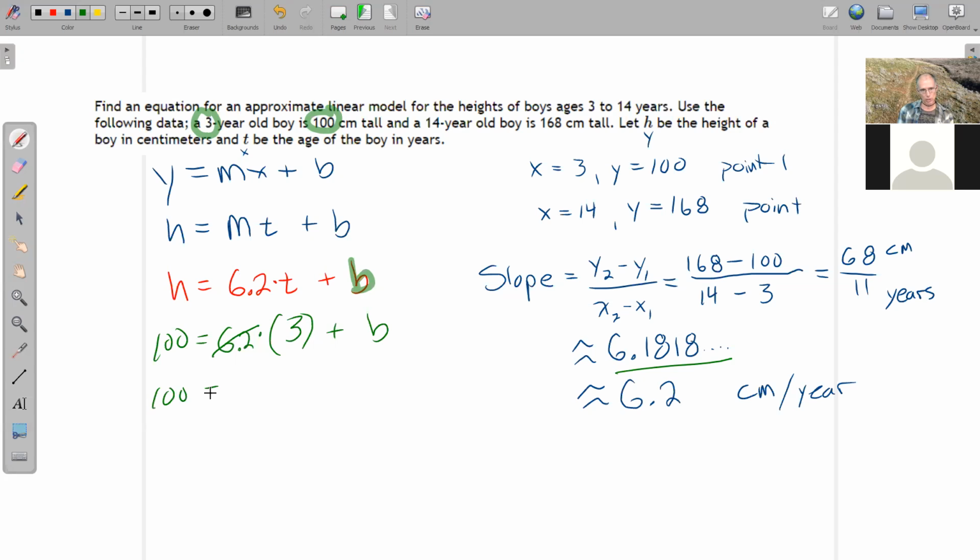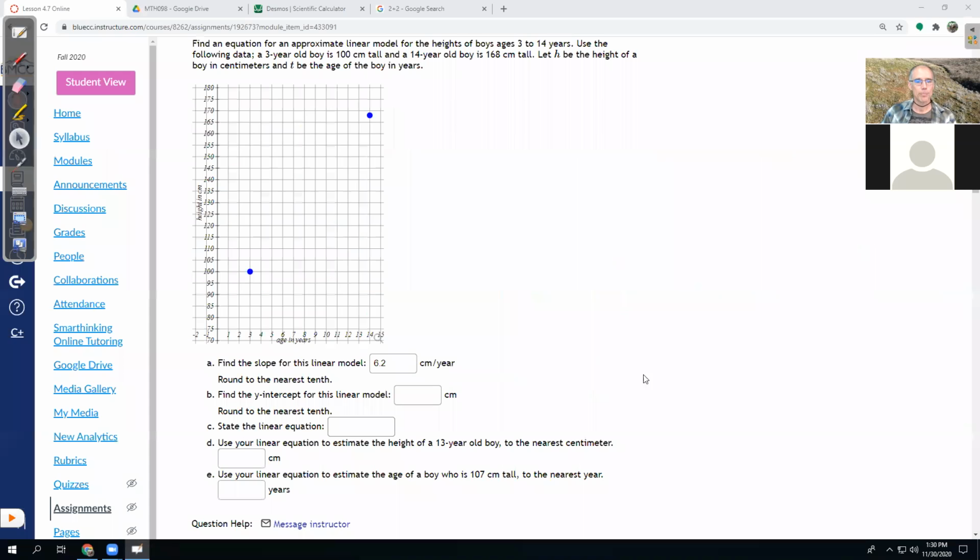I'm going to call it 100, 6 point, and I'm just going to throw a whole bunch of those 1/8s in there, maybe that many times the 3 to reduce my rounding error. So I need to multiply first and then subtract this over to the other side. So multiply and then subtract. So calculator time.